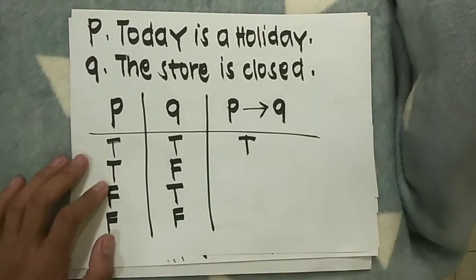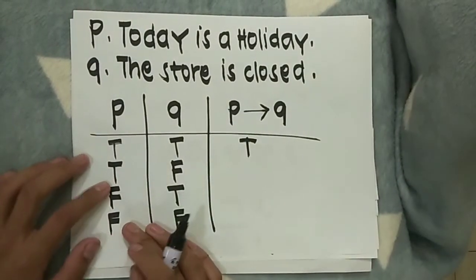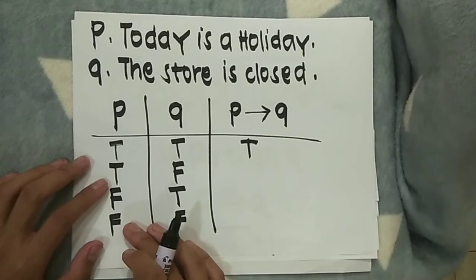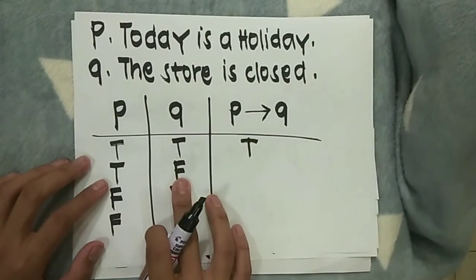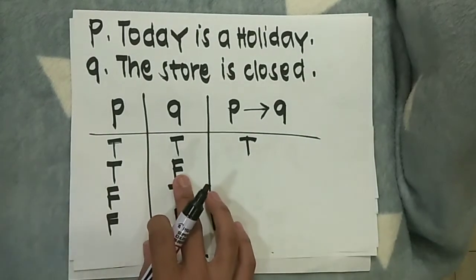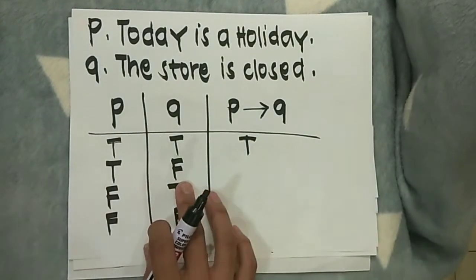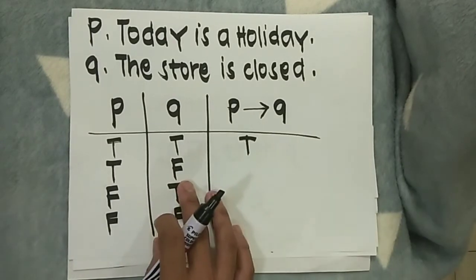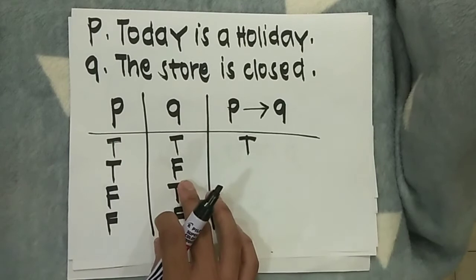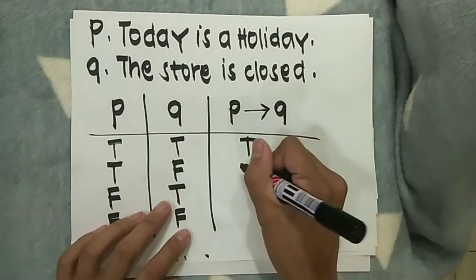If today is a holiday and the store is not closed, because Q is false, then my expectation has not been met. I expected that since today was a holiday, the store would be closed. But the store is not closed, so this is a false statement.